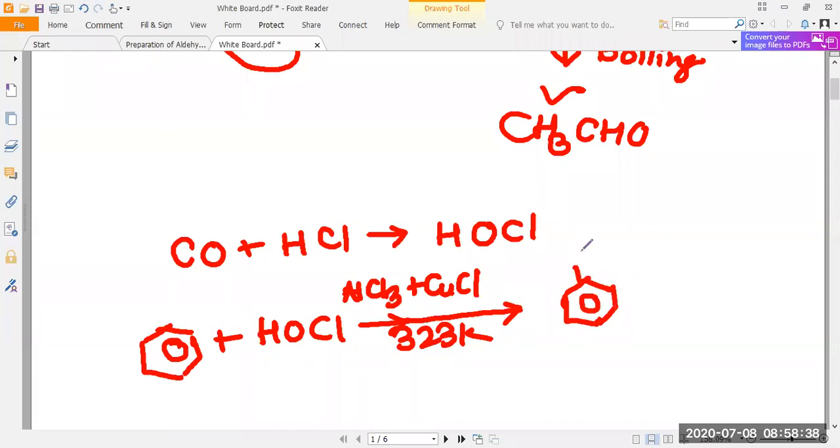This is the formula of benzaldehyde. So I think the reaction is clear to you.